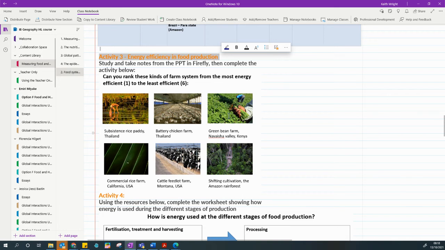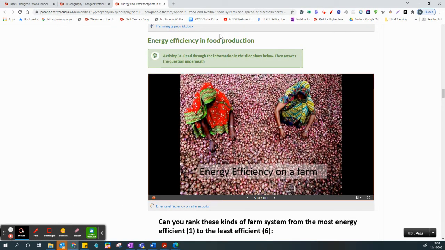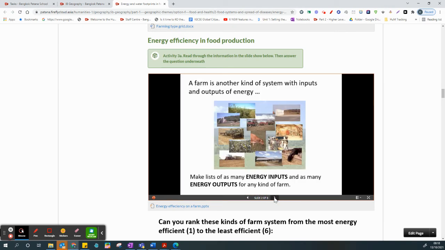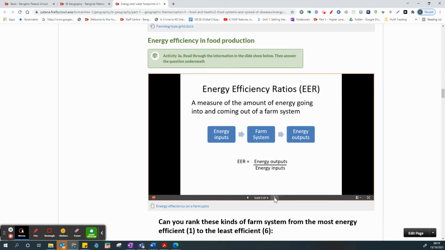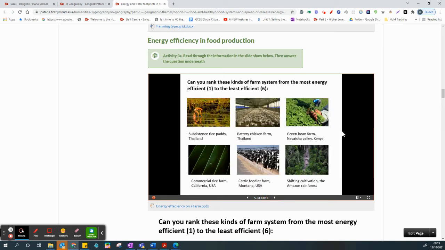I want you to start to think about what energy would be required to operate each of these types of farm. Now, if you go to the Firefly page, it is activity 3A, I've called this one, you'll see a PowerPoint there, which I'd like you to look through and take some notes on energy efficiency ratios.